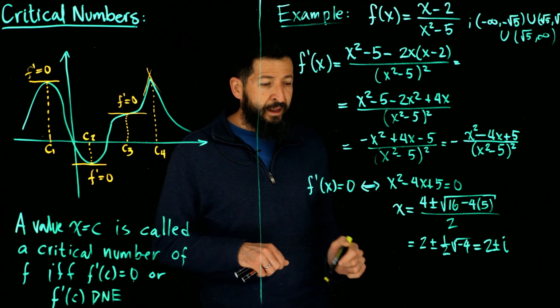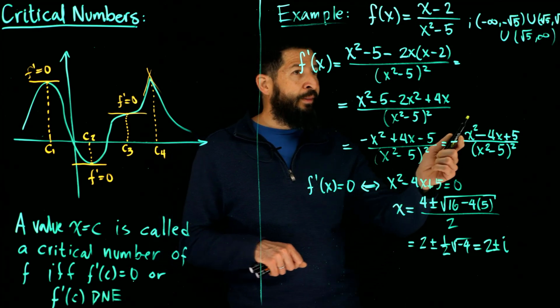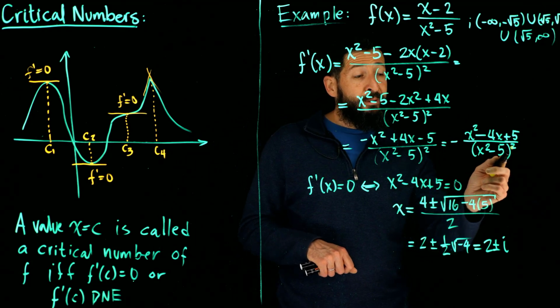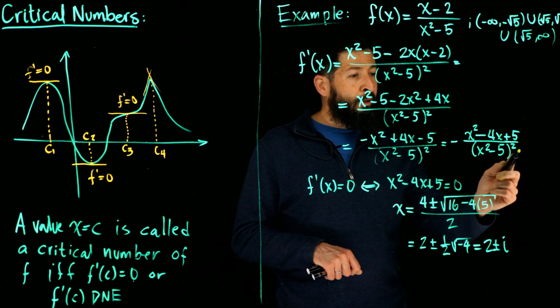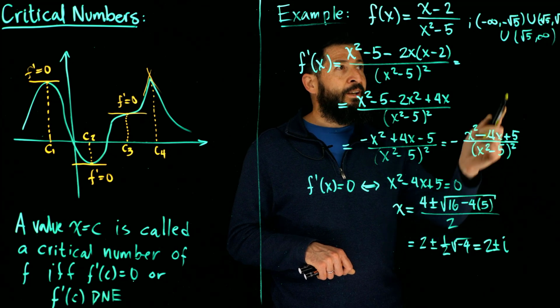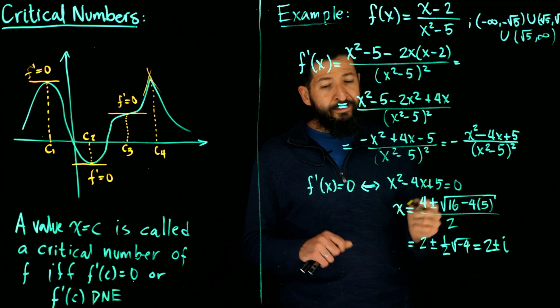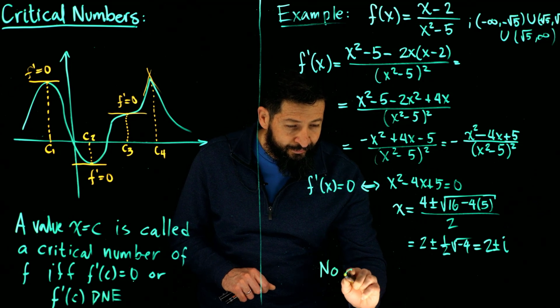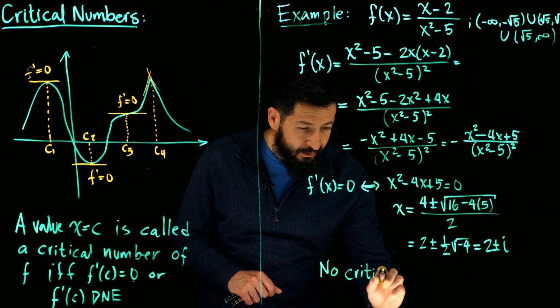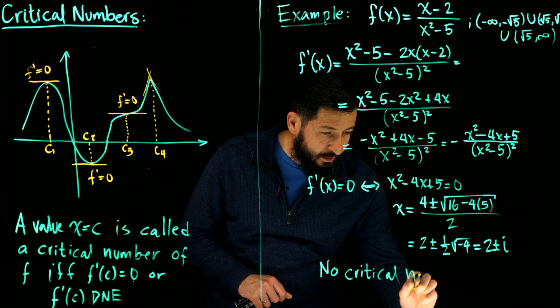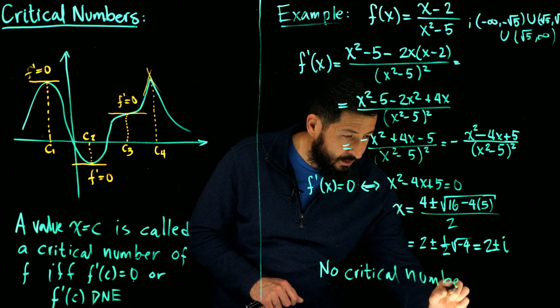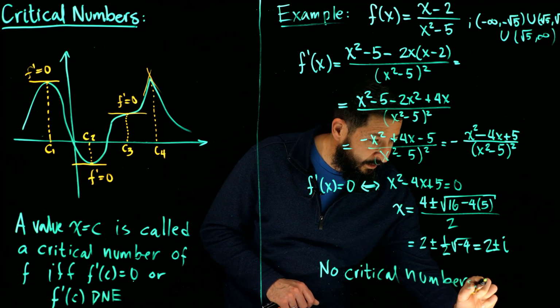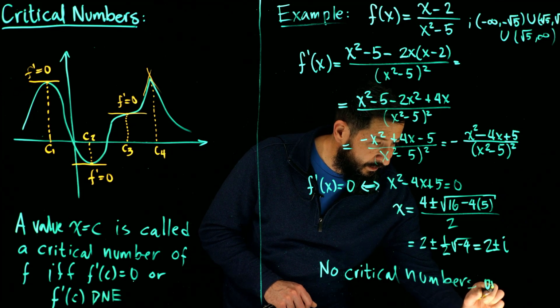So that's that. Now the other critical numbers we could obtain are when the denominator becomes 0, but that gives us plus or minus square root of 5, which we already had included. So no critical numbers on the domain.